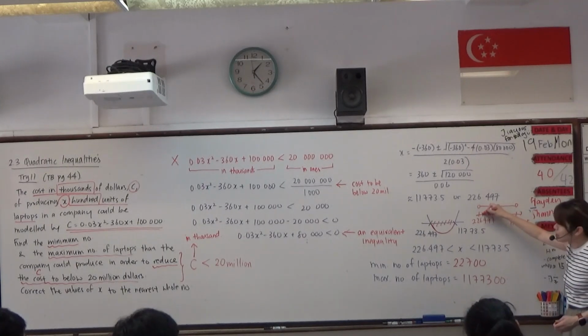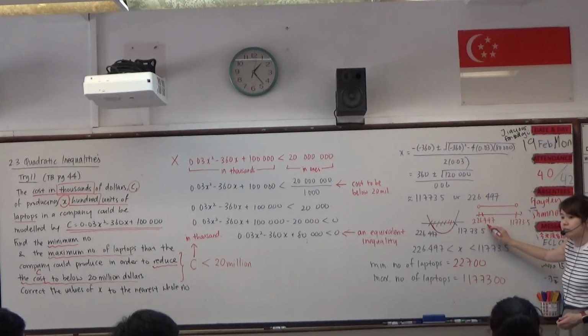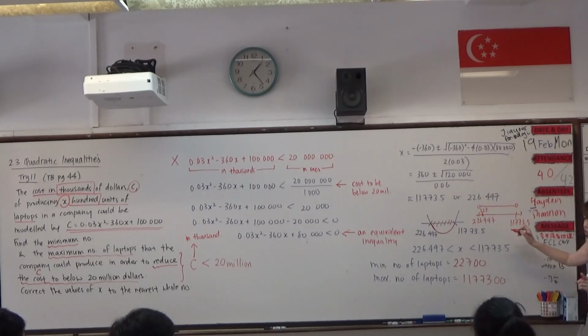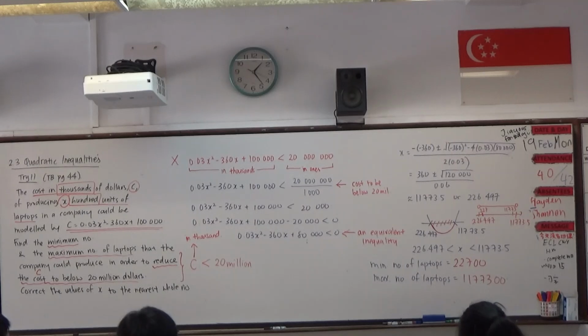What is the integer that is after 226.497? 227. It's not about rounding off, it's about looking at what is inside the number line. And then this one is 11773. Questions?